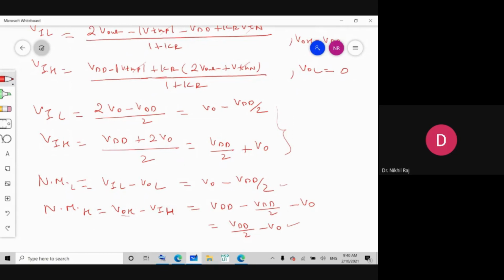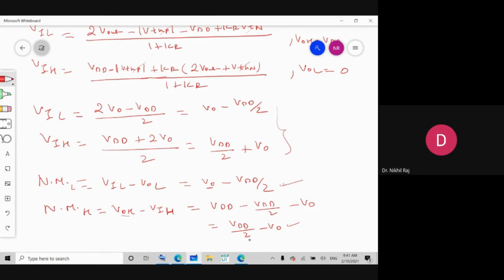So for the symmetric inverter, we need equal rise and fall time, and we also need equal logic swings. If you see here, it is a function of, let's say, V naught. If it is a high signal, you will get NML as VDD by 2, meaning half of the supply goes to the low logic case.